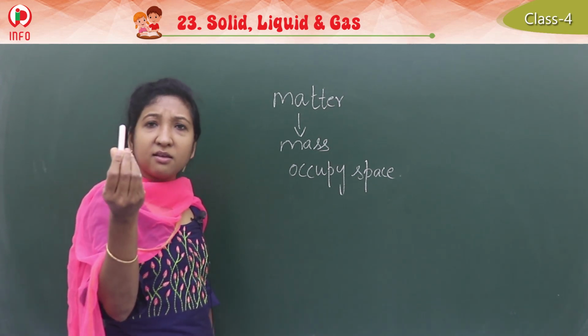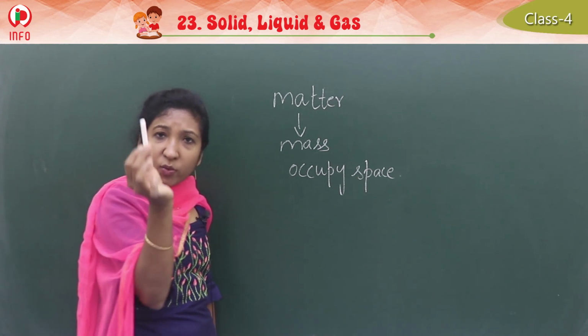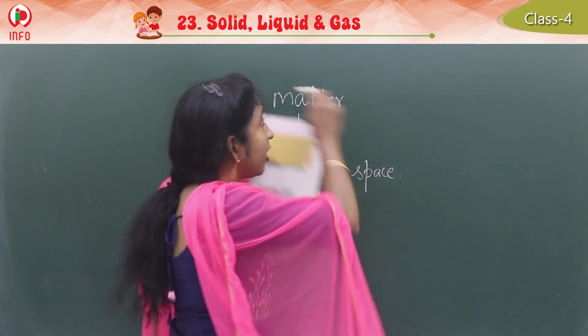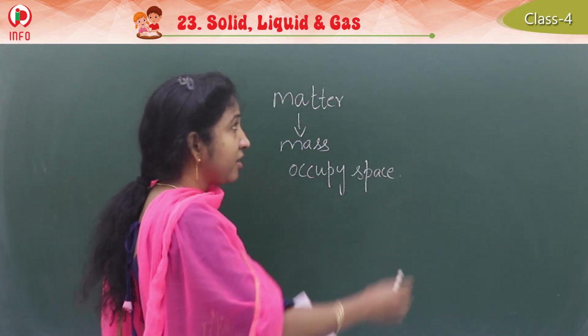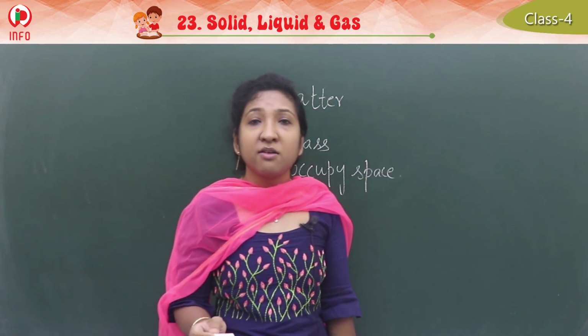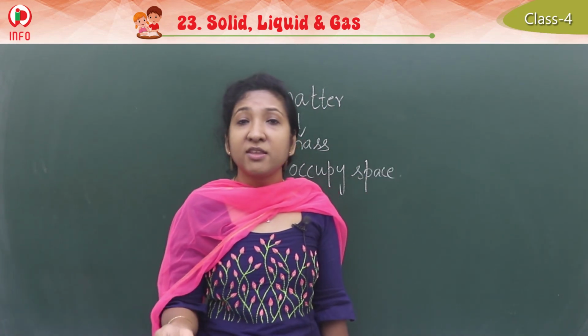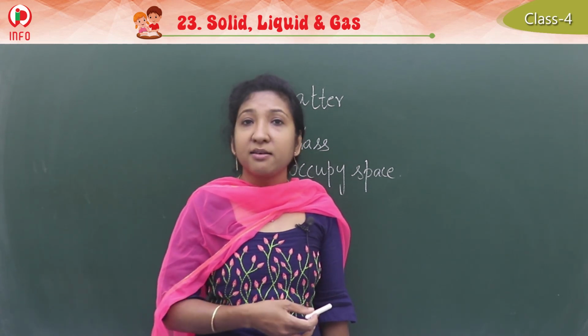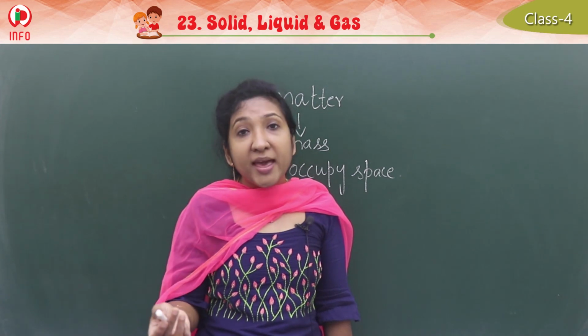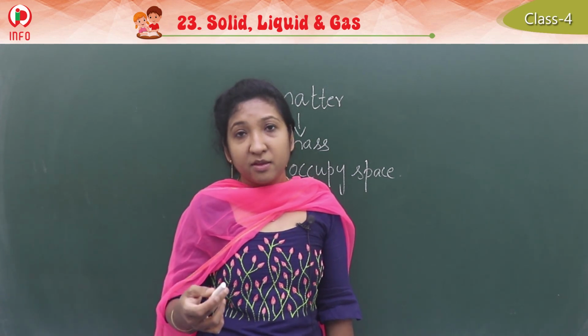Chalk, it is a thing. It has some mass, some weight, isn't it? It occupies space. The board is here, in that space. So everything here, whether it is a living thing or a non-living thing, is made up of matter. Matter is anything that has mass and occupies space.